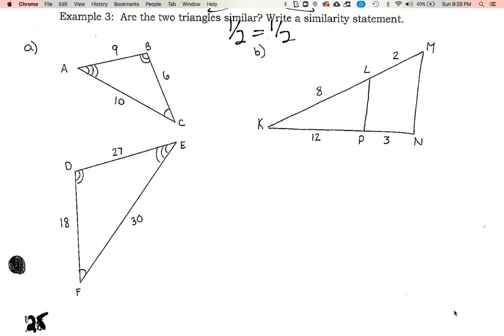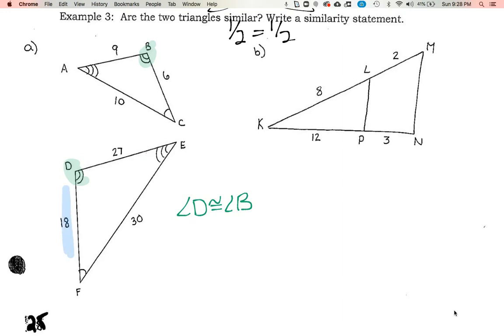Or, we're just going to stick with side, angle, side here, since that's what this is kind of going over here. I'm going to say angle D and angle B. And then the sides that come out, we have 18, which is smaller than 27.